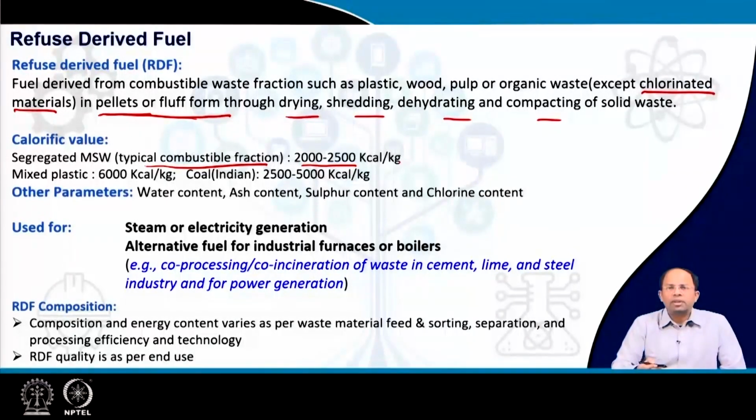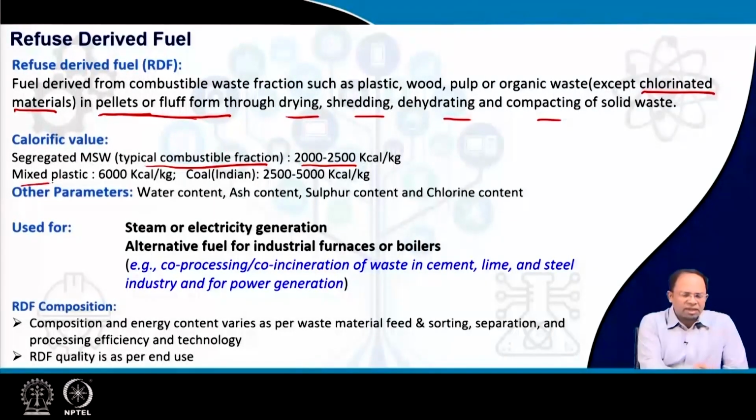But even though a typical combustible fraction is of this value, the waste received by different RDF plants actually is not of this quality. Usually we end up getting waste of much lower calorific value because of moisture content, because of many other materials or some form of contamination of the waste.